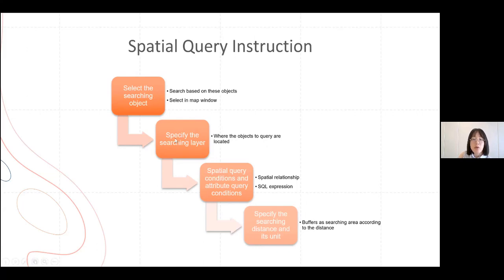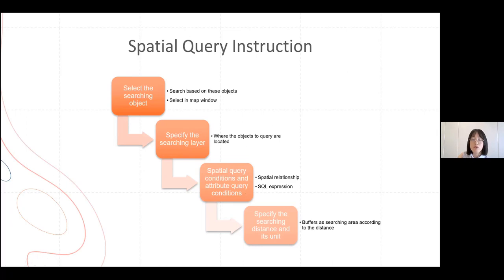And then we can open the interface of the spatial query tool and specify the searching layer. Searching layer means where the features or objects we want to query are located. And then we can specify the spatial query conditions and attribute query conditions we want to use.